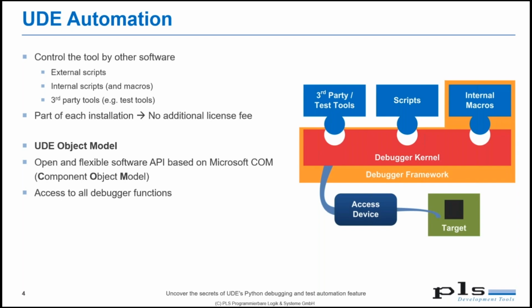The UDE Object Model is based on Microsoft COM, the Component Object Model, which is deeply integrated into the Windows operating system and widely used as a technology for the communication of applications that are running on Windows. And it can also be used by many scripting and programming languages.